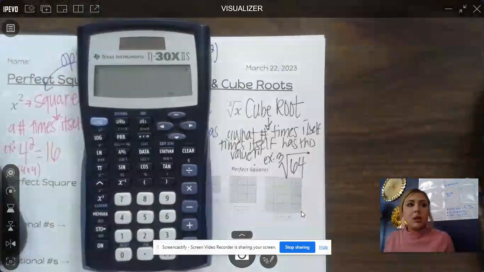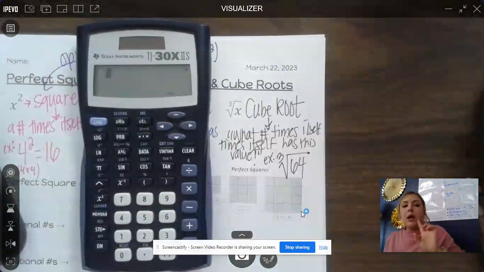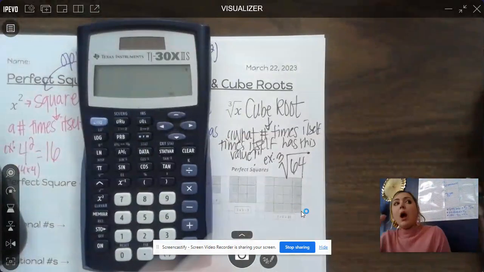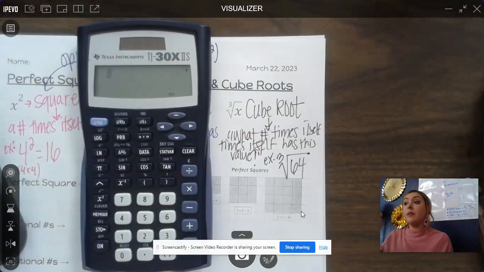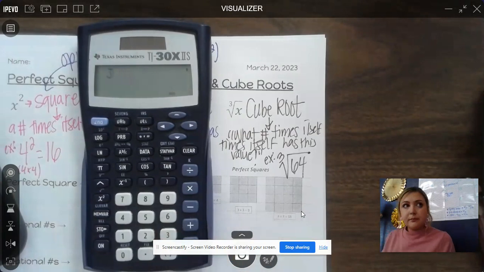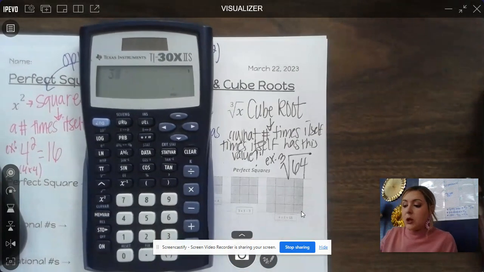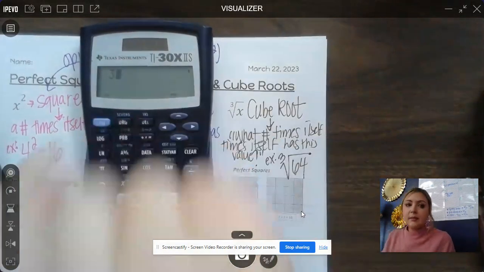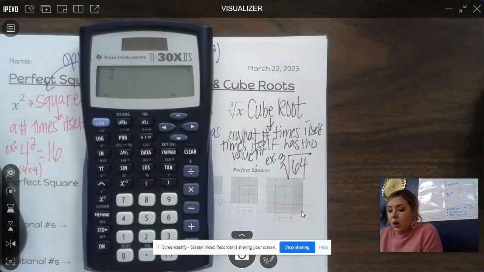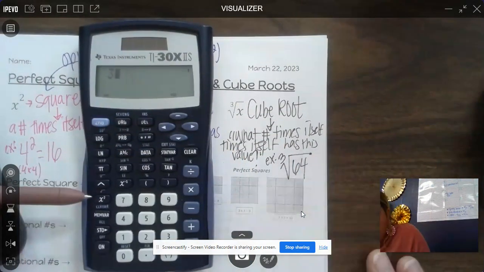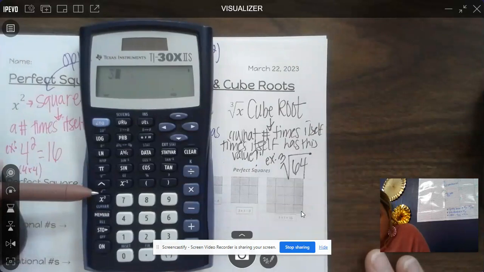All right. So everyone, I would watch first, then enter second. To enter in a cube root, you need to press the number 3. Then you press the second button. Then, don't press it yet. Watch me point. We are not pressing the x squared button. That is just for square roots.